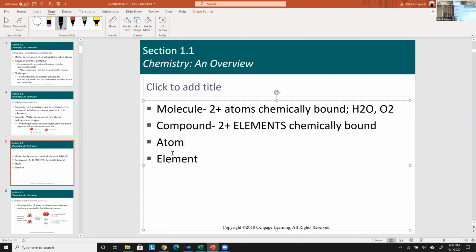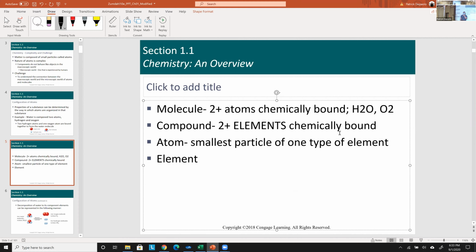Okay, good. Now the next distinction that we need is atom versus element. An atom is the smallest particle of one type of element. So with an atom, you're talking about the literal particle. I hear this phrase all the time, and it's wrong, where people say there's atoms on the periodic table.